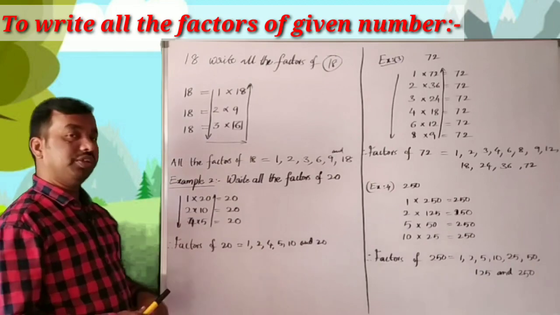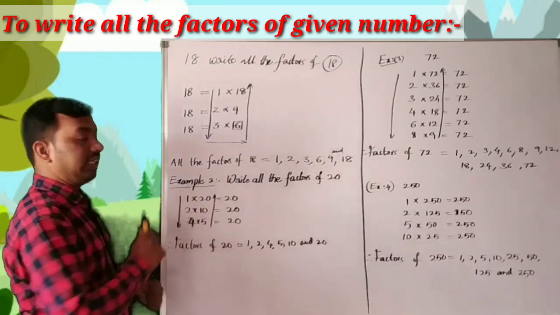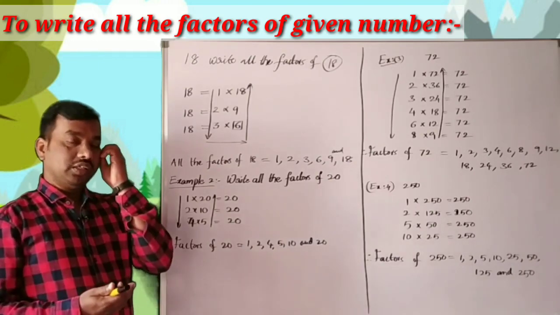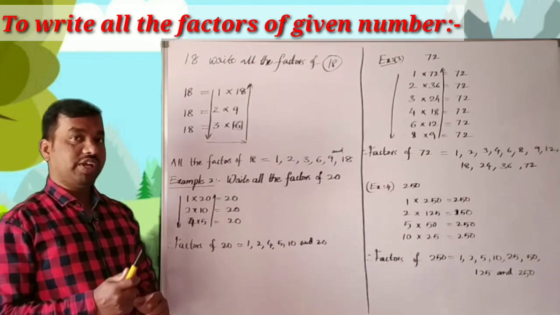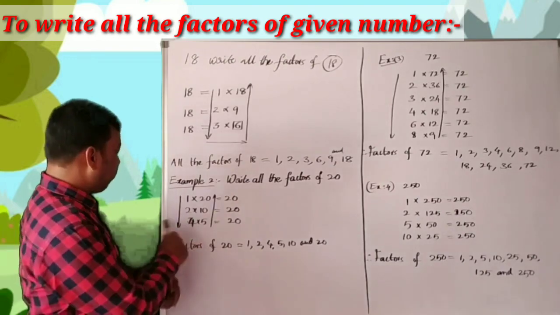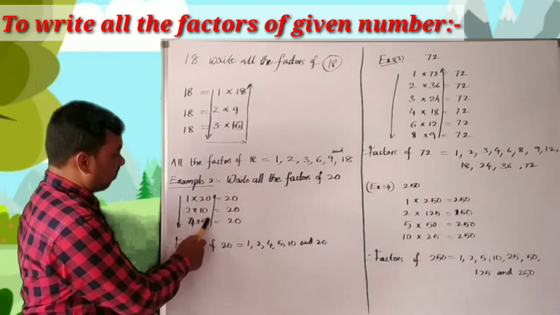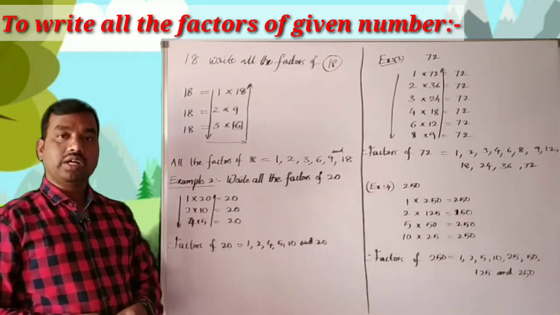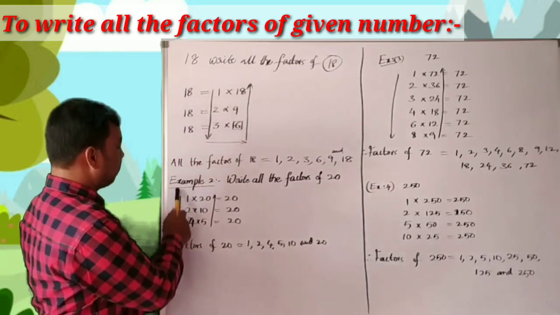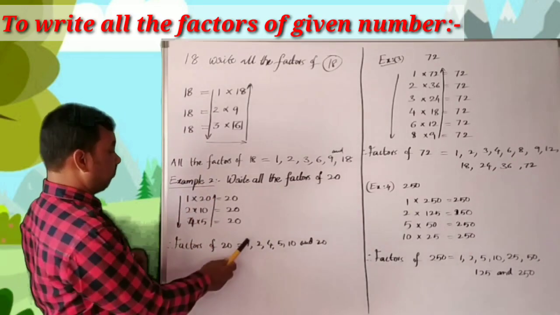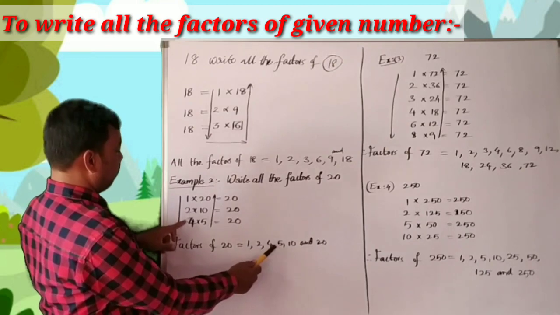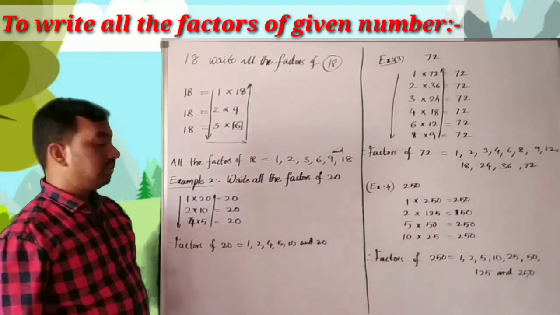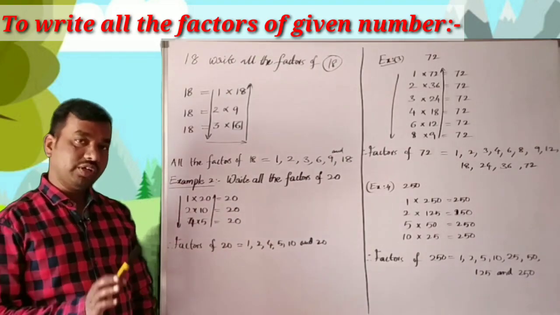In the fourth table you can get. 4 5s are 20. After 4 we can take 5. 5 4s are 20. Here the sentence is repeating and we leave it. So these are the factors: 1, 2, 4, 5, 10 and 20 are the factors of 20.